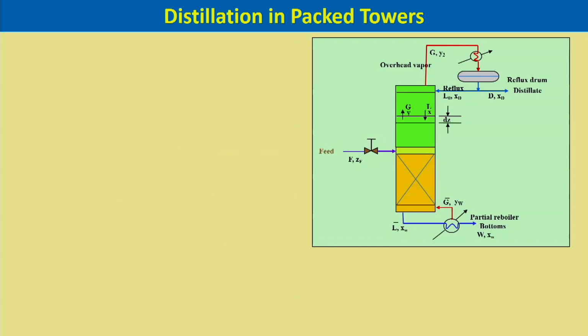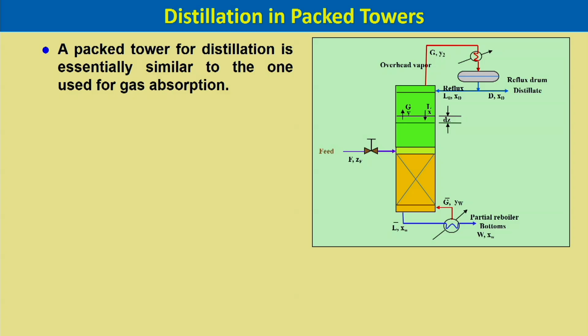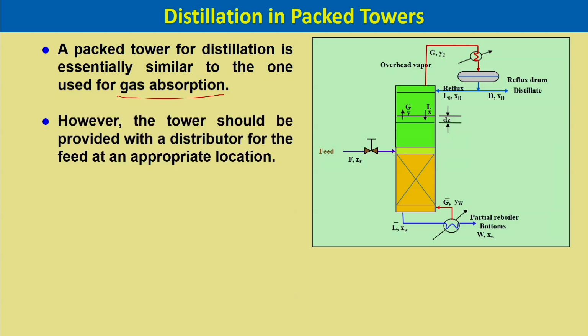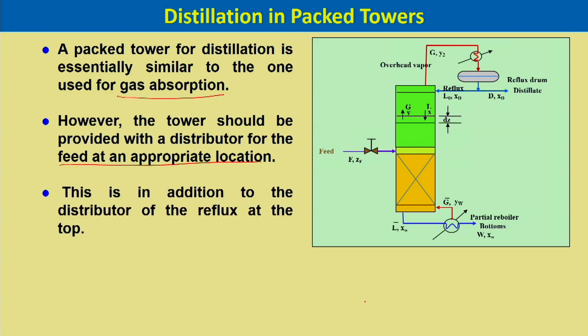This is a typical packed distillation column. A packed tower for distillation is essentially similar to the one used for gas absorption. However, the tower should be provided with a distributor for the feed at the appropriate location. So, we should have a distributor at the feed point. This is in addition to the distributor of the reflux at the top.